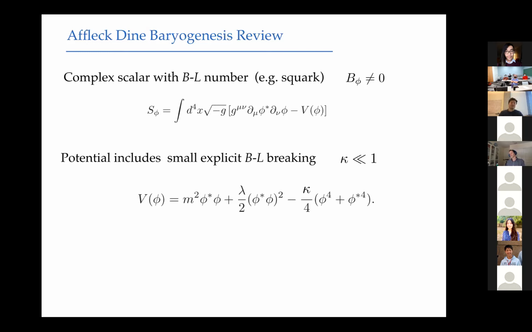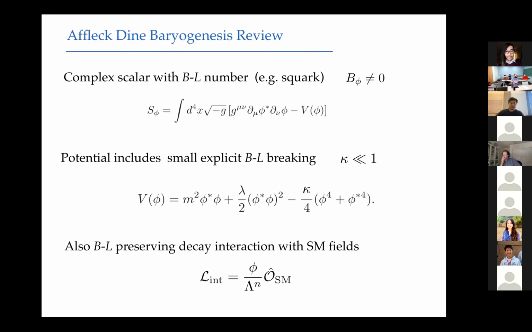So anything here, the first two terms, for example, that goes like phi star phi, is going to go like the norm, and there's no phase sensitivity, and so those terms will preserve baryon number, whereas terms that go like, say, phi to the fourth without the norm, or phi star to the fourth, are going to constitute explicit breakings. And so if you have both of these realized in your setup, that helps you satisfy some of your Sakharov conditions.